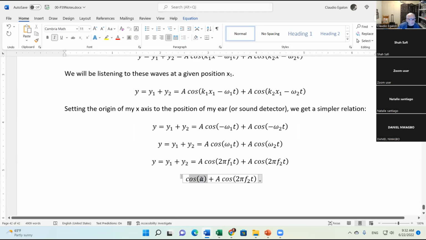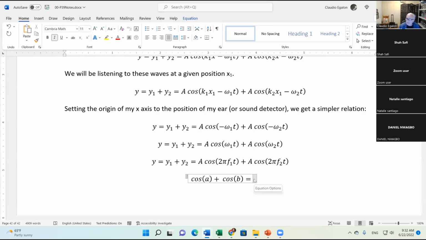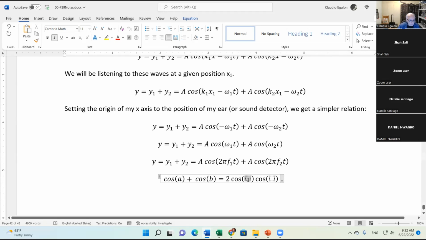plus cosine of B. It's very easy to memorize this relationship. It is given by twice the cosine, okay? And what goes inside is going to be half, and one term is going to be A plus B, the other term is going to be A minus B, right?